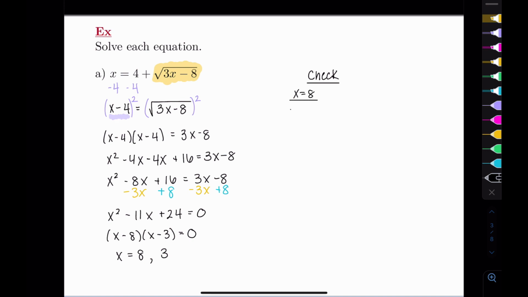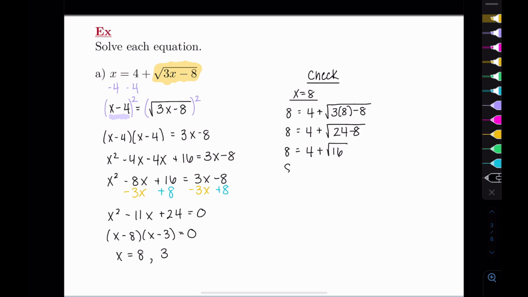So we've got x, which we're replacing by 8, equals 4 plus the square root of 3 times 8 minus 8. That gives us 8 is equal to 4 plus the square root of 24 minus 8. 8 is equal to 4 plus the square root of 16. And indeed, we end up with 8 equals 4 plus 4. This one makes sense. So x equals 8 is a solution to this equation.